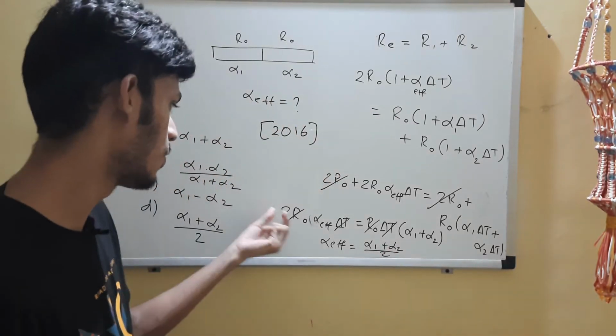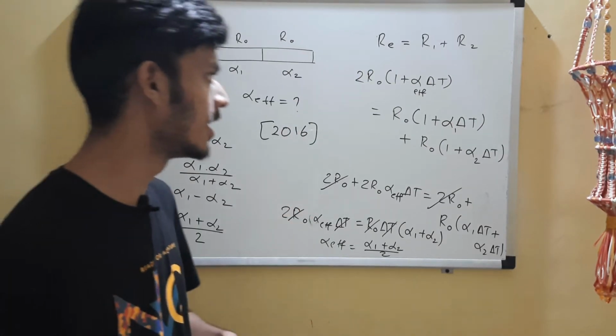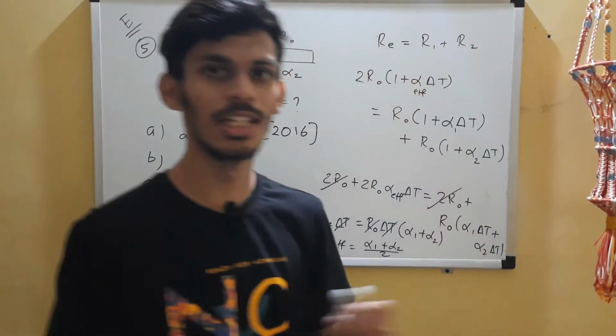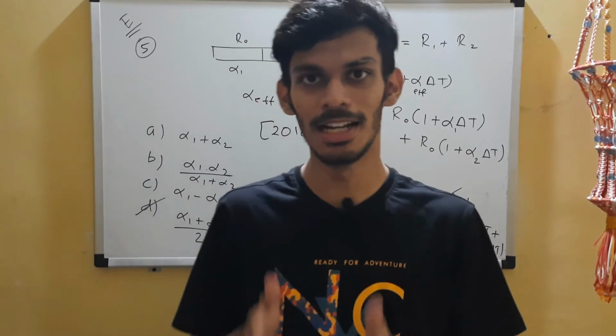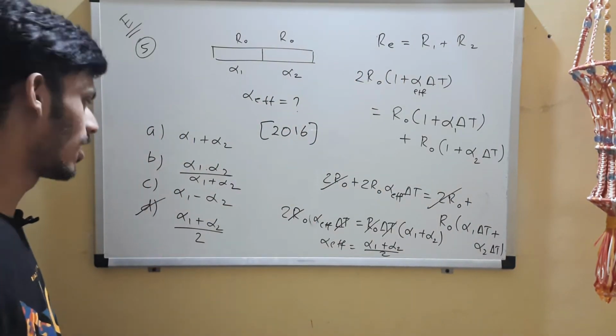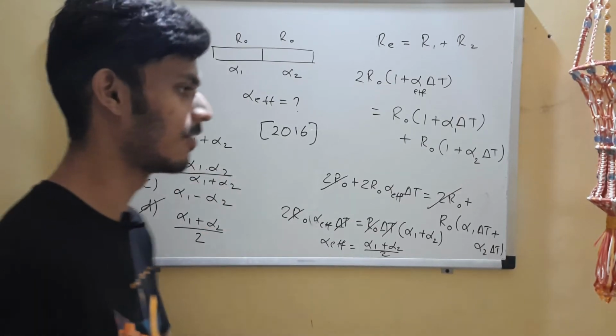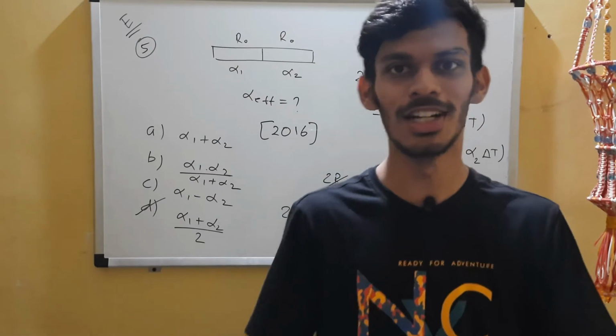Okay, so we just use the logic of series combination over here. We individually wrote the temperature dependent equation, we solved it, and we hopefully reached our destination. So the answer over here is alpha 1 plus alpha 2 divided by 2. Over to the next question.